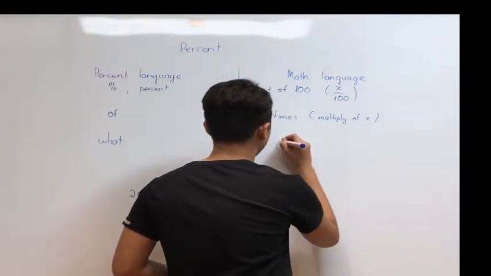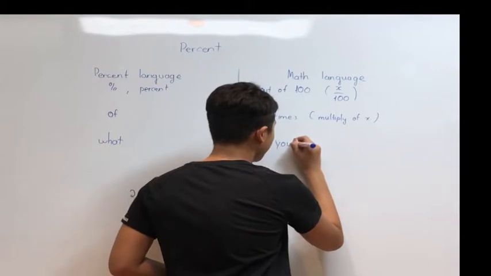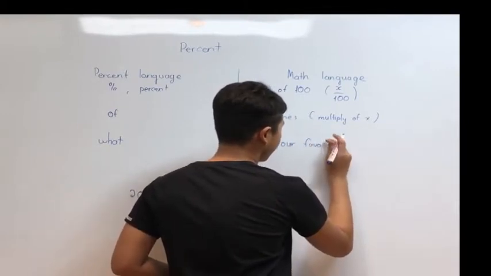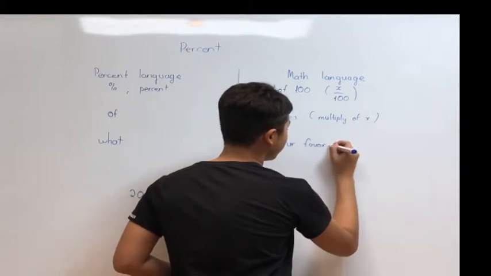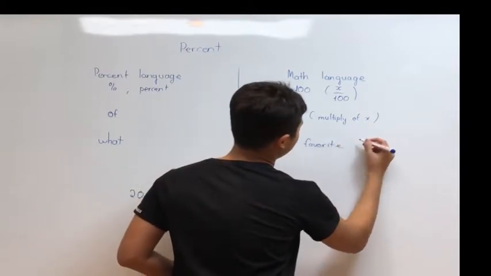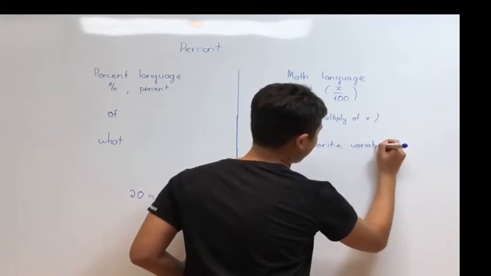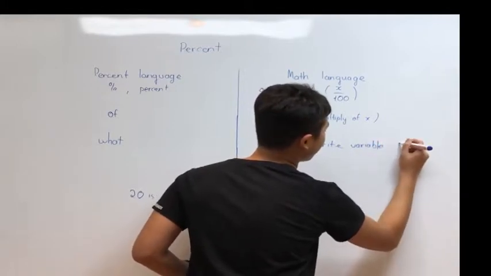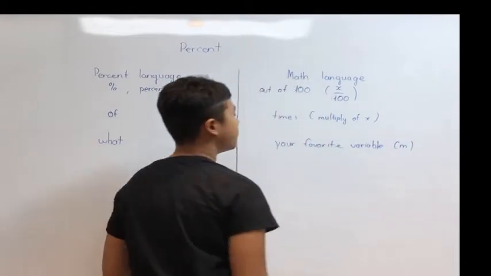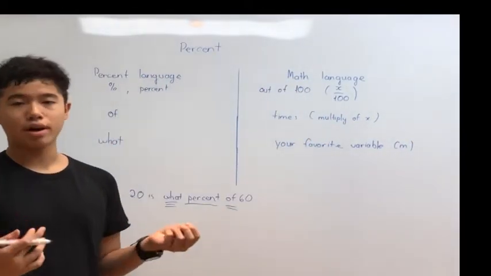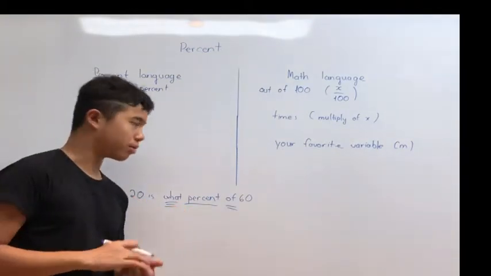You can name it anything you want. For example, my favorite variable is m, or it can be x, y, or z. Any variable will be okay.